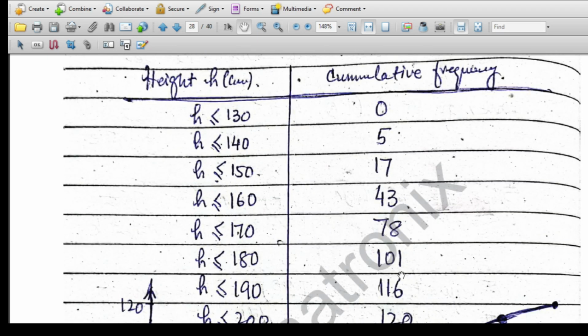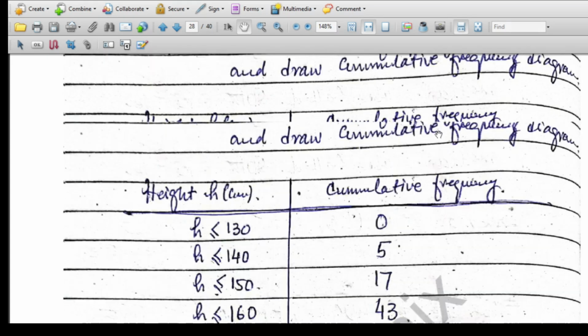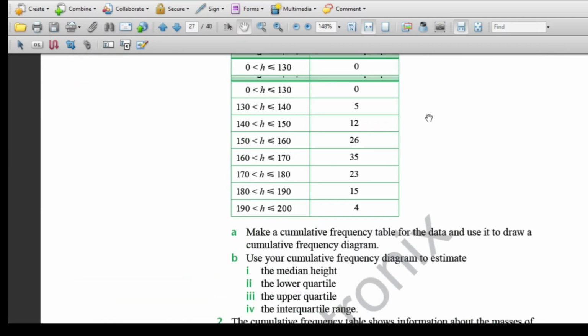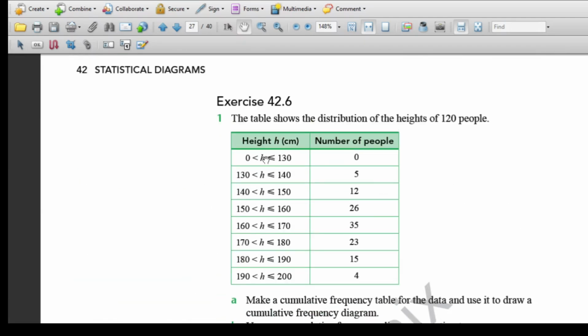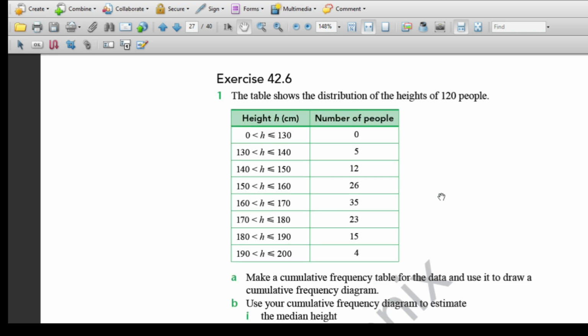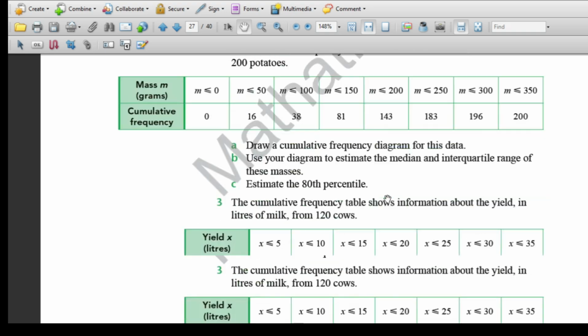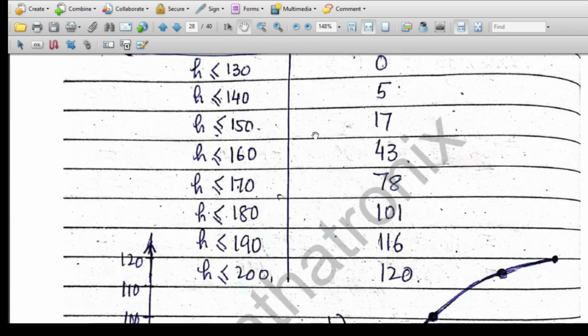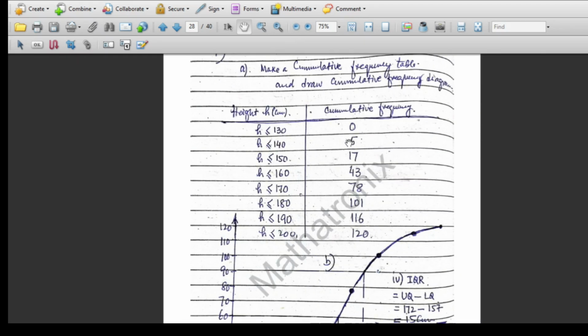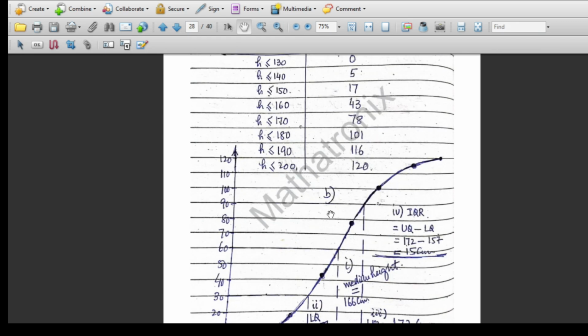These cumulative frequency tables are drawn from the given distribution table, and from it we will draw a cumulative frequency diagram, which is here.